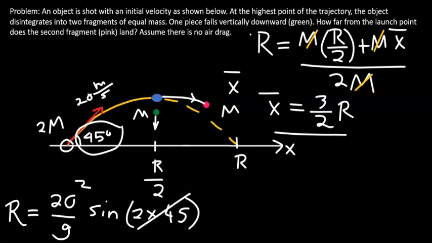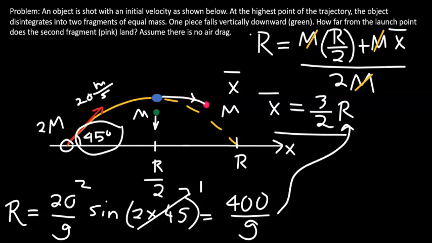Sine 90 is 1, and you're going to get capital R as 400 over gravity. Putting this in here, we get x bar, which in this case is 61 meters. So that is the distance from the launch point where the second fragment lands.